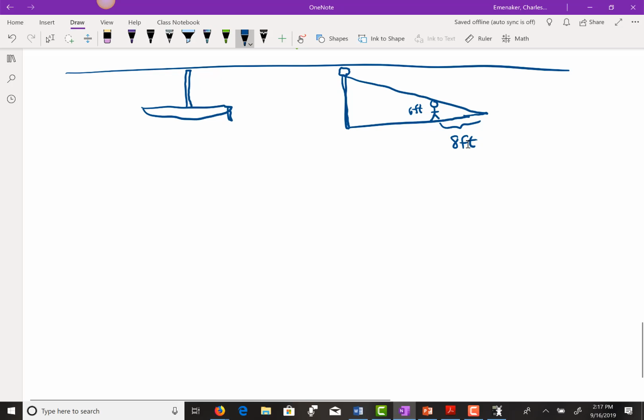And the other thing to notice is from the pole to the person is 17 feet. And notice also this whole distance here is how big of a shadow the pole casts, isn't it? Does that make sense? So the pole casts a shadow.